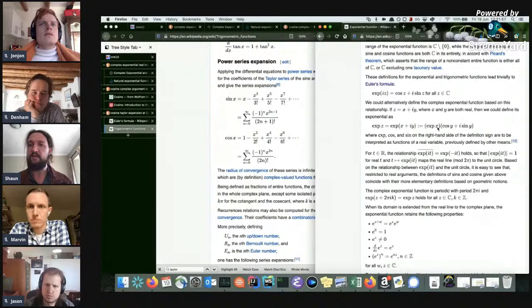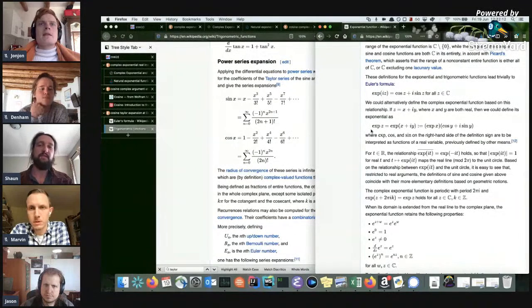So you'll have e to the x as one of the multiplicands, and the other multiplicand would be e to the iy. And we know from Euler's formula that e to the iy is cos y plus i sin y. So there are a couple of different ways of defining all this stuff.